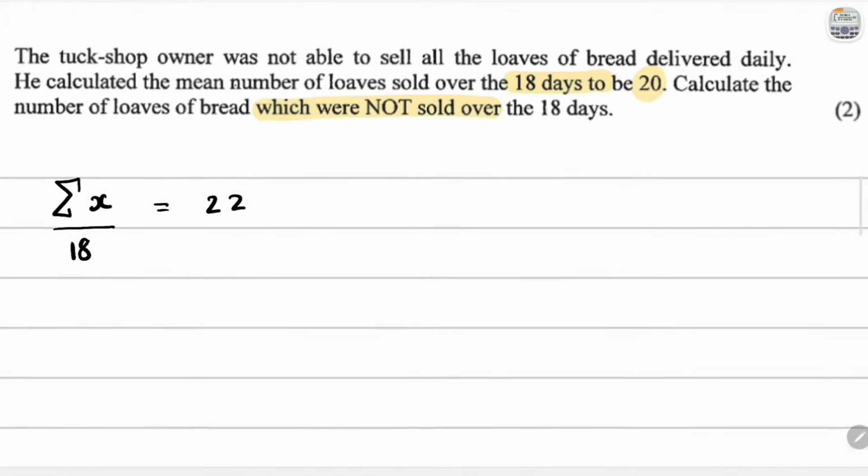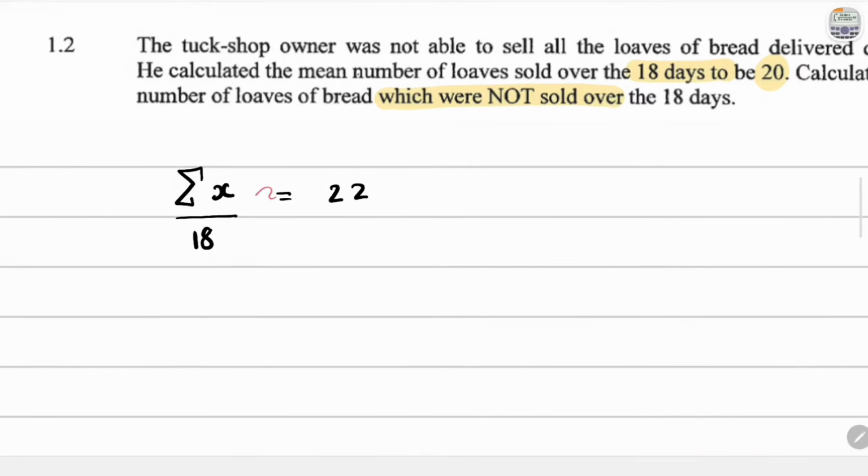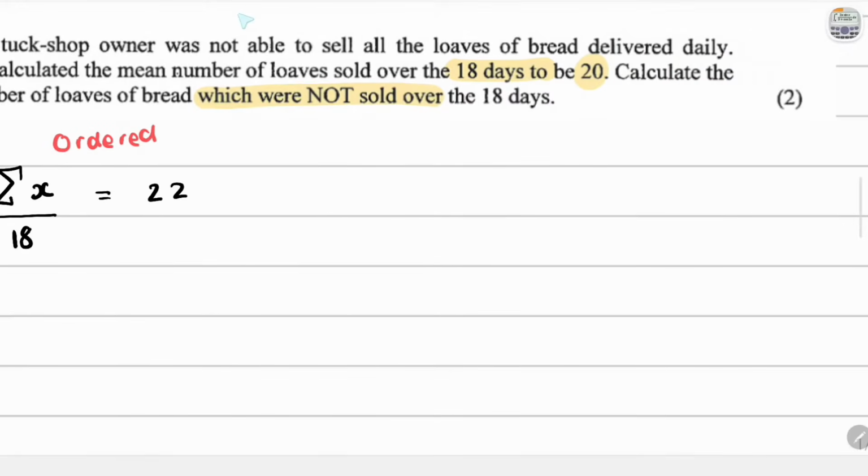So this would be the calculation for the loaves that were ordered. Now, the tuck shop owner could not sell everything. When he calculates the mean number of loaves sold, it was exactly 20.